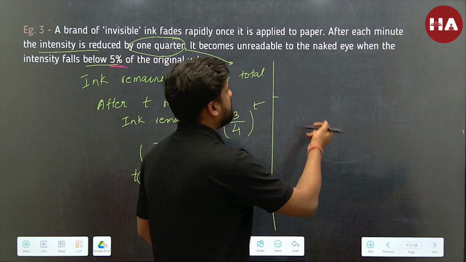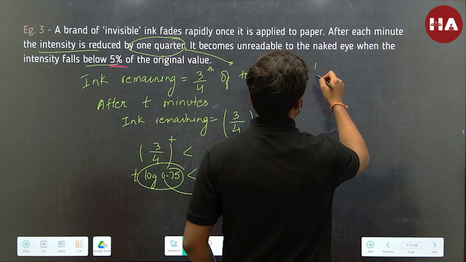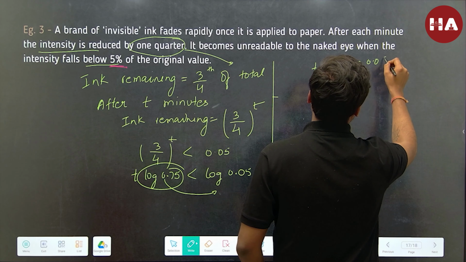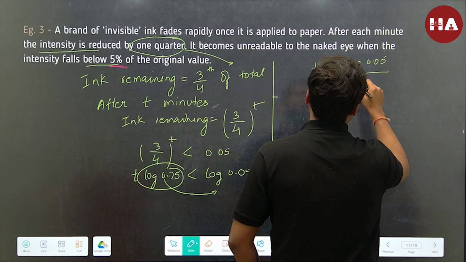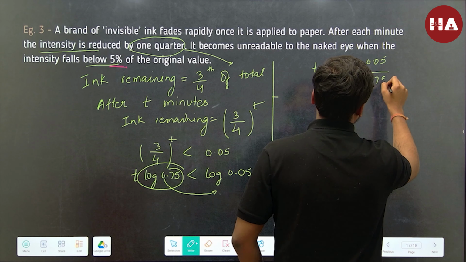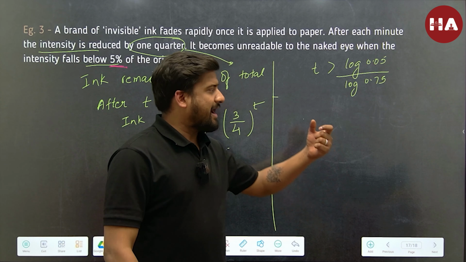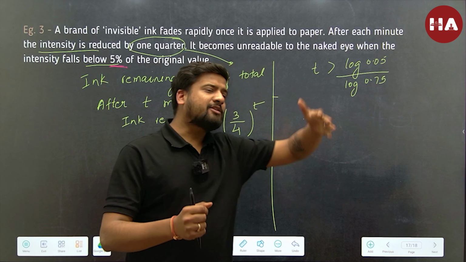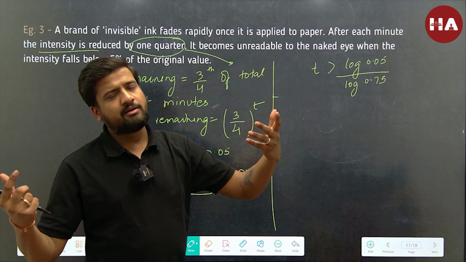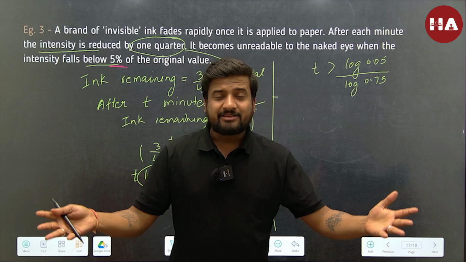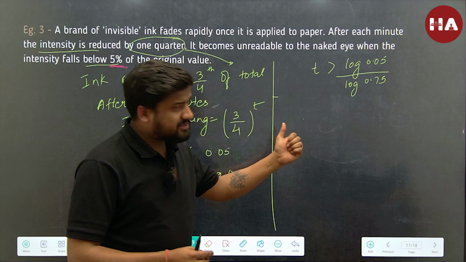You will get t is greater than log 0.05 divided by log 0.75. On solving these values, you'll get a decimal answer, take the greater whole value than that and you'll find your perfect answer. All right, so that's it. Please note it down.